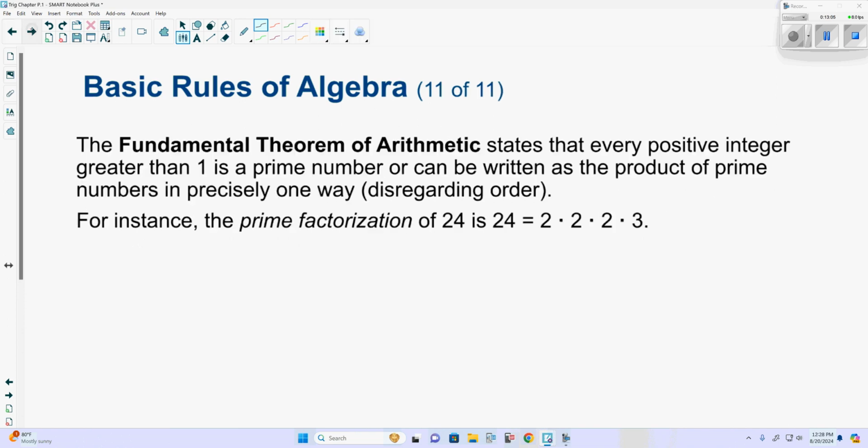The fundamental theorem of arithmetic states that every positive integer greater than 1 is a prime number, or it can be written as the product of prime numbers in precisely one way, disregarding order. So either it's going to be prime, 1 and itself, or a product of prime numbers. That's it.